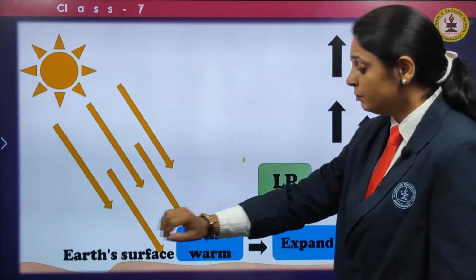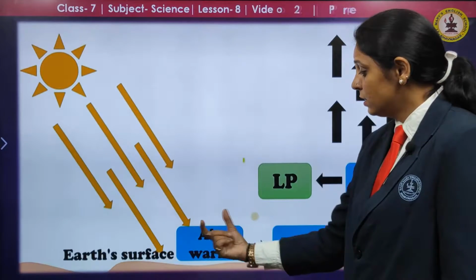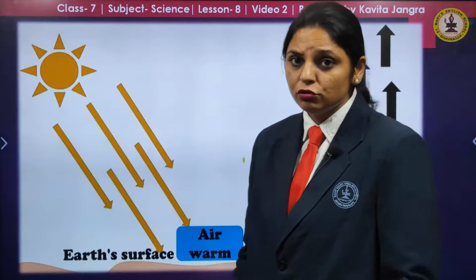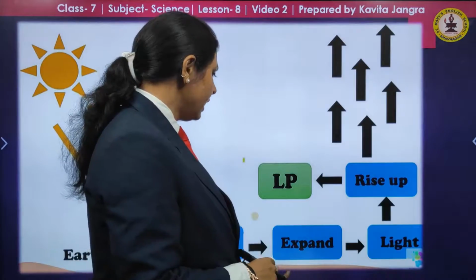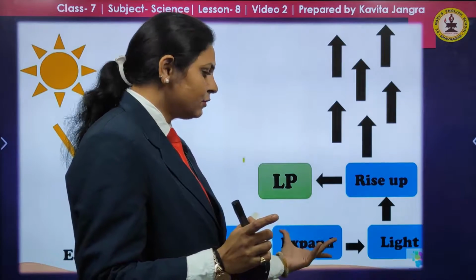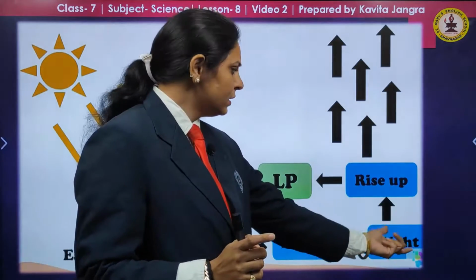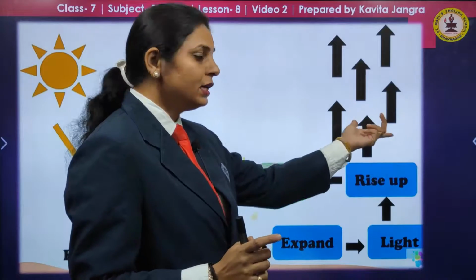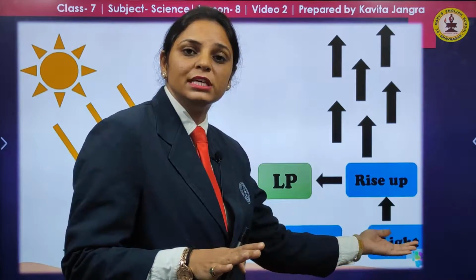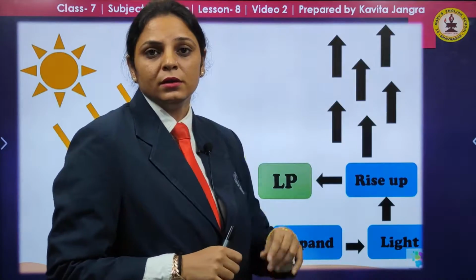Now here is the sun and the earth's surface. The air present here will become warm due to the sun's heat. When air gets warm, it will expand, become light, rise up, and lower the pressure. Because the space is now vacant, air from this place has been uplifted.